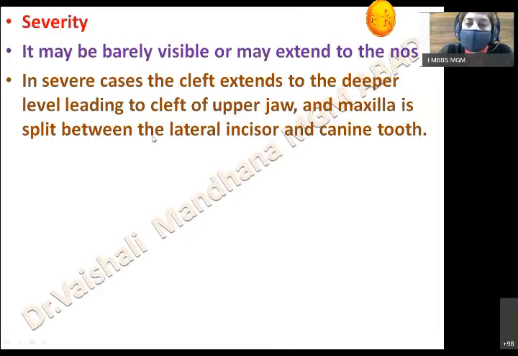If you remember, the premaxilla holds the upper four incisor teeth, and after the incisors you get the canine. So the line of cleft passes between the lateral incisor and the canine tooth. Severity varies: it may be limited to the lip, or extend into the upper jaw, or into the maxilla.